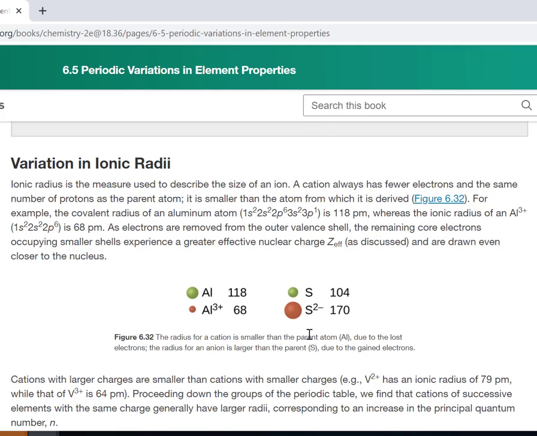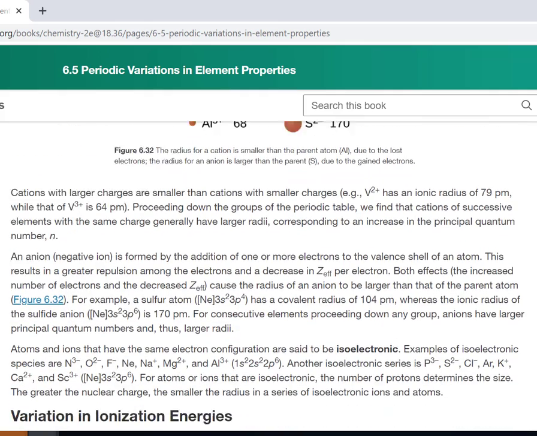Likewise, if you have a negative charge, you're going to have a larger radius. Because you have more electrons, it's harder for the nucleus to pull them all in. Okay, so positive charges lead to smaller sizes, negative charges lead to larger sizes.